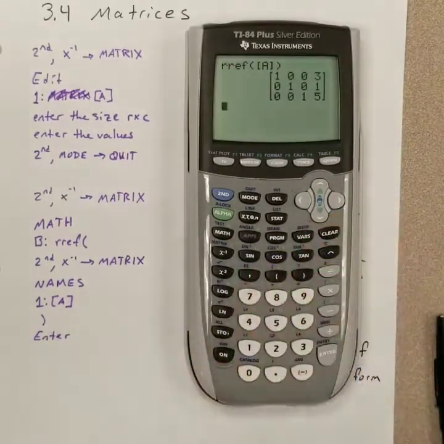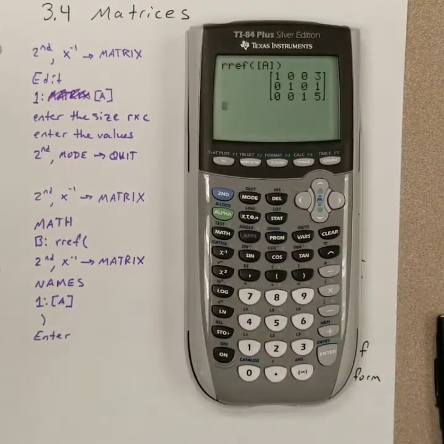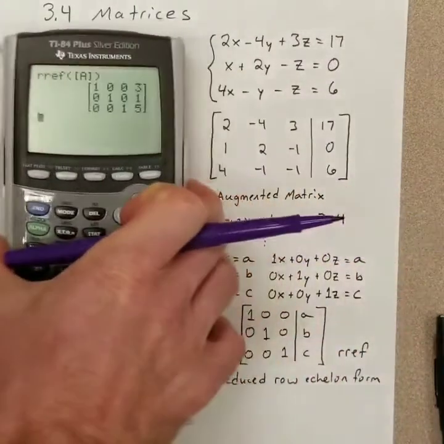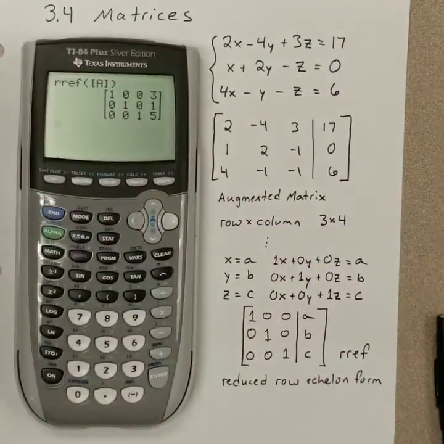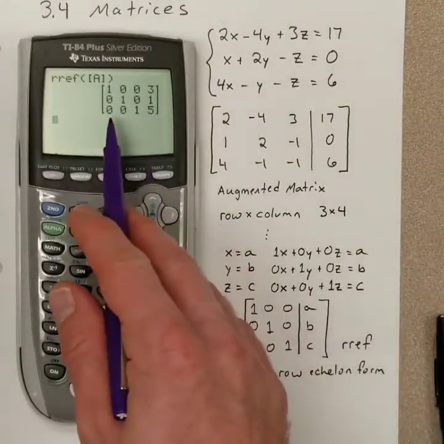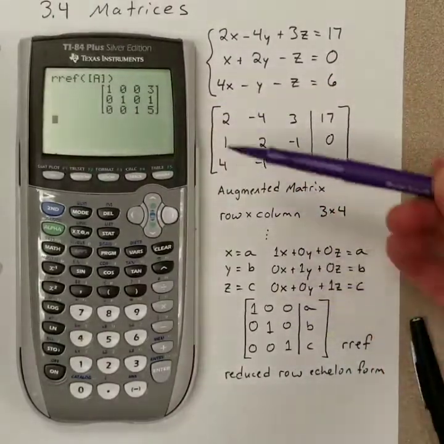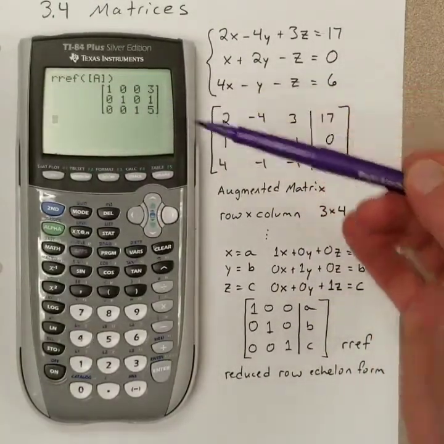Okay, that gives you all the keystrokes then and different menus that you need to be able to perform this operation. So looking at the other side here, you'll see the reduced matrix with the ones in the diagonal, the zeros elsewhere, and then the numbers on the right-hand side.